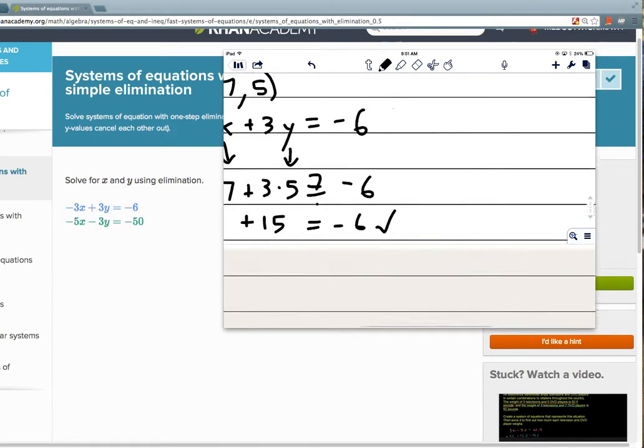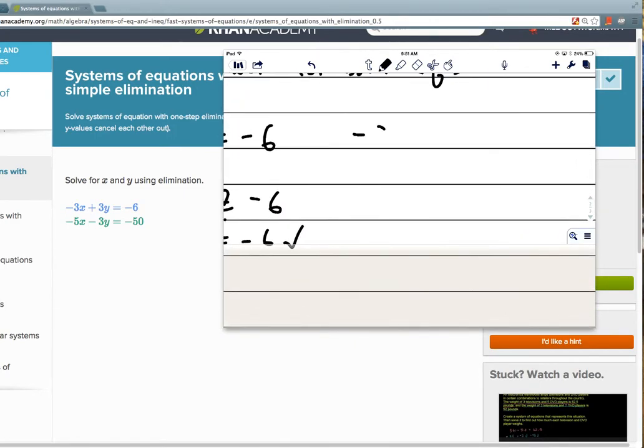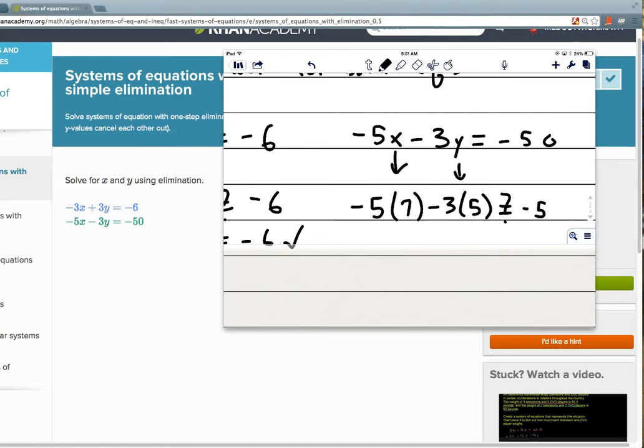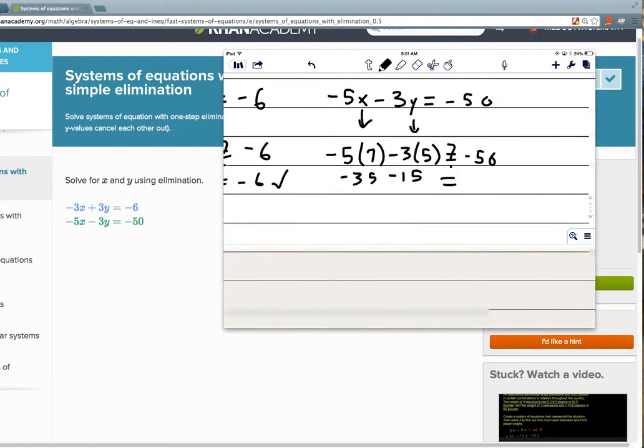I start out with negative 5x minus 3y equals negative 50. And so I'm going to plug in for x and y. That's negative 5 times 7 minus 3 times 5. And then the question is, does that actually equal negative 50? And so this is negative 35 minus 15, and that does indeed equal negative 50.